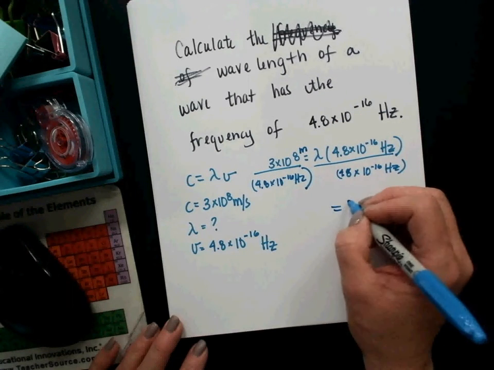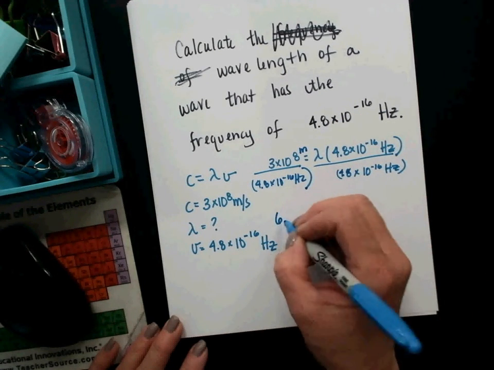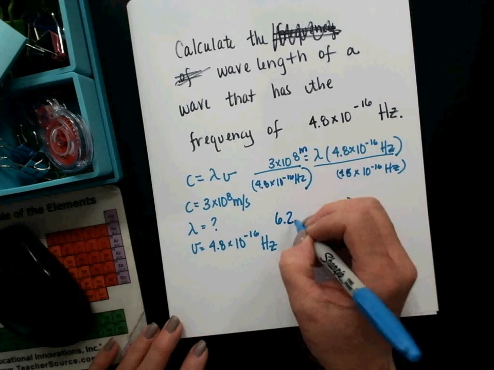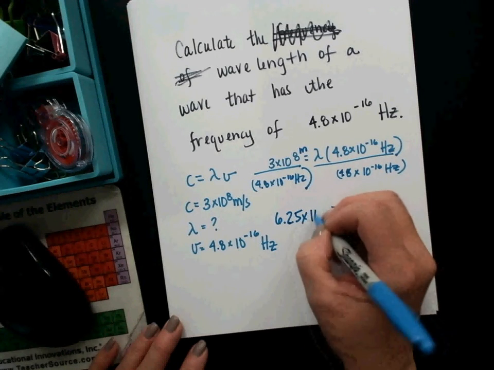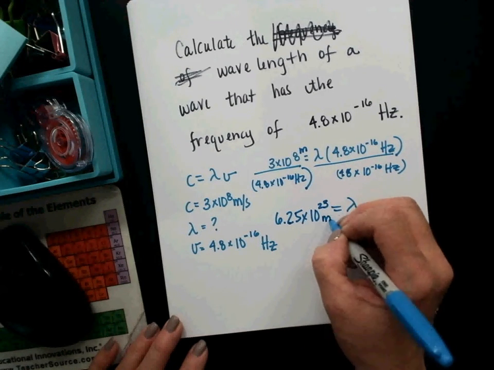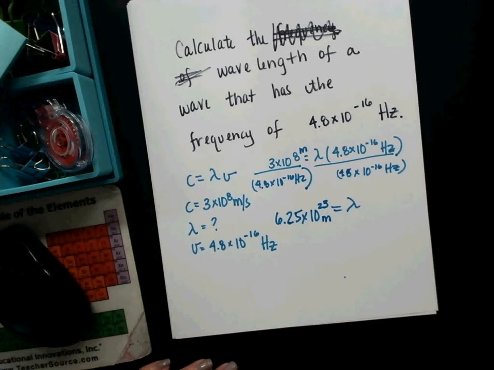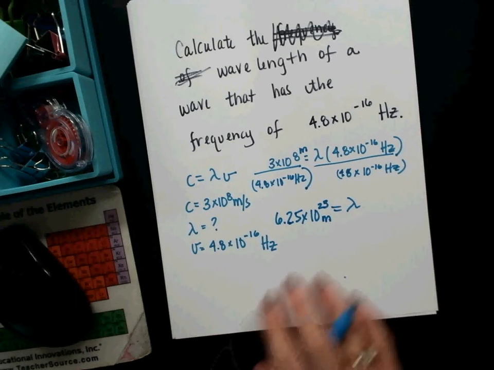This should be in meters. We end up with a wavelength of, I'm trying to remember now, 6.25 times 10 to the 23rd meters. But wouldn't we have to round it to 6.3? Yeah, if we rounded to the tenths place, we would go to 6.3. Are we good with that, you guys?